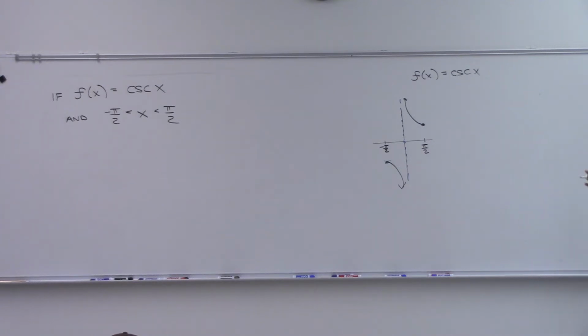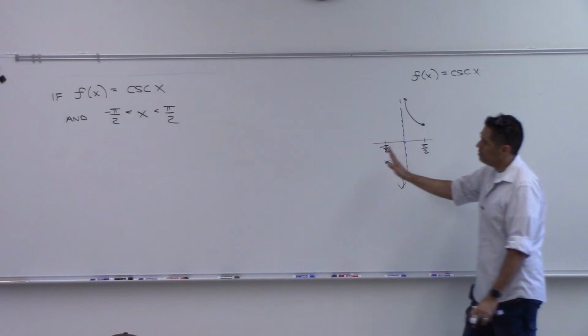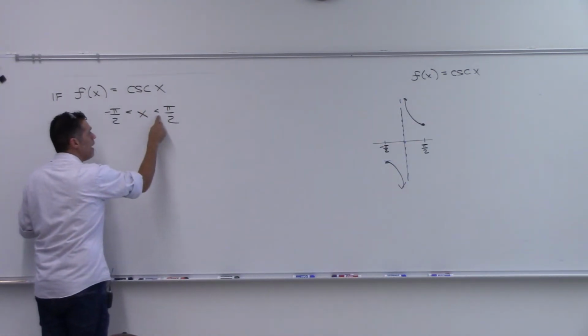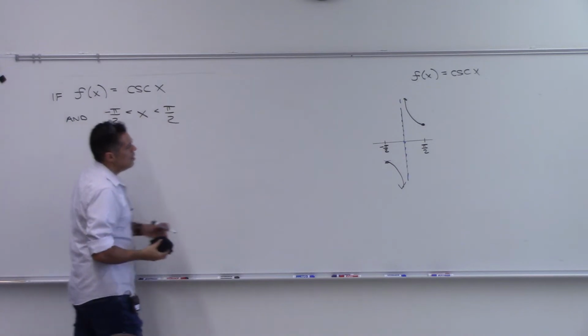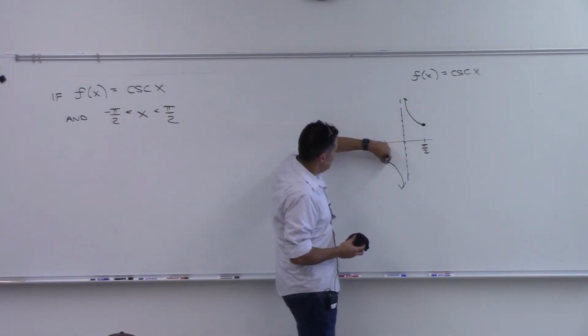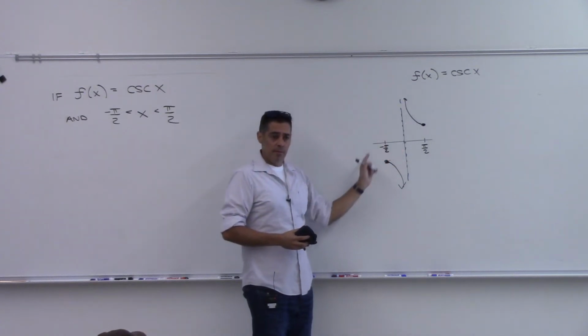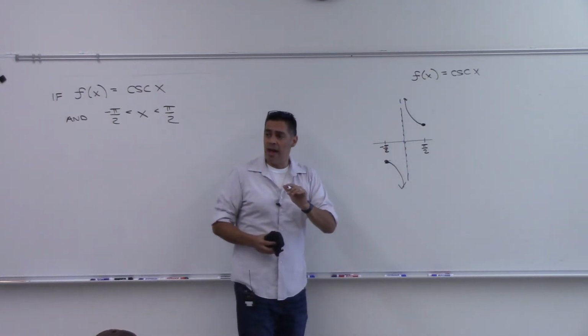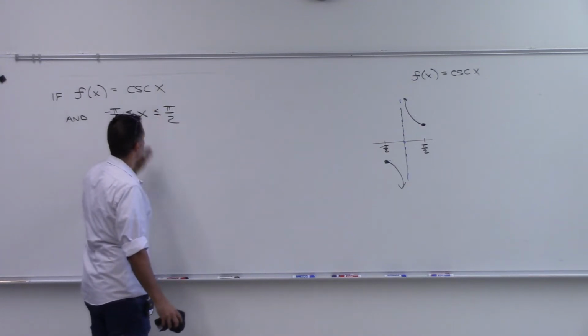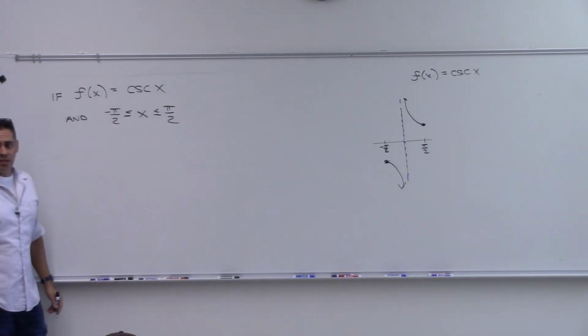if I'm going to restrict it, do I include pi over 2 and negative pi over 2? So are these points part of this graph? Yes, they are, so I do want to have them there. But is there any point that actually causes a problem here? 0, right?